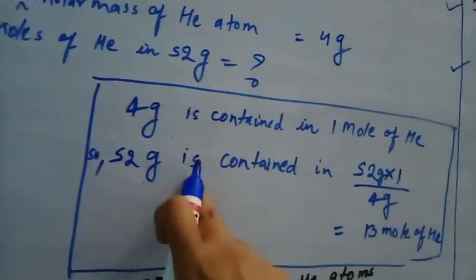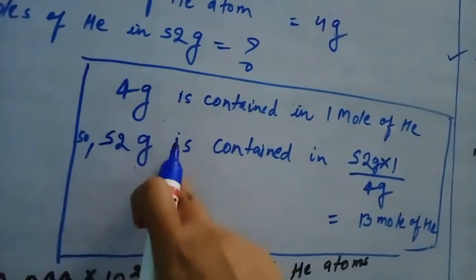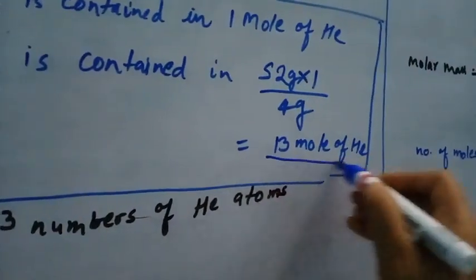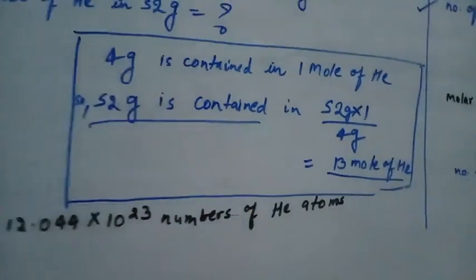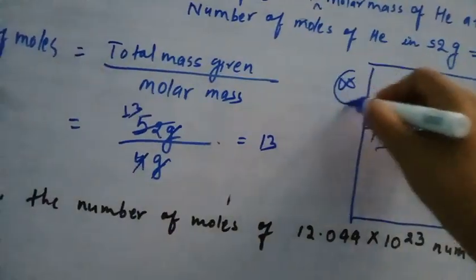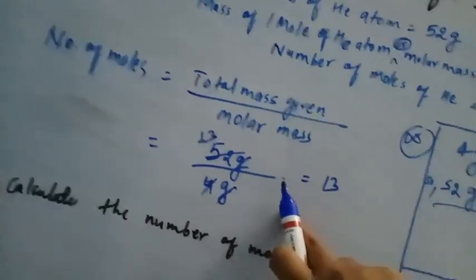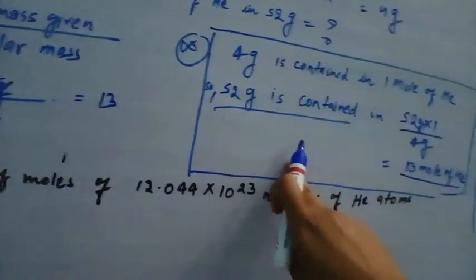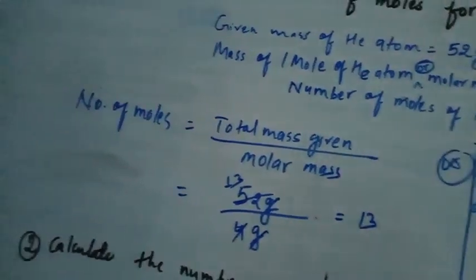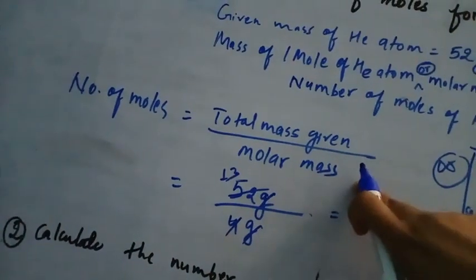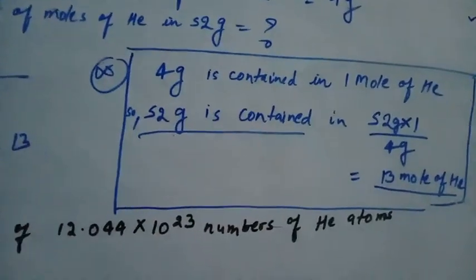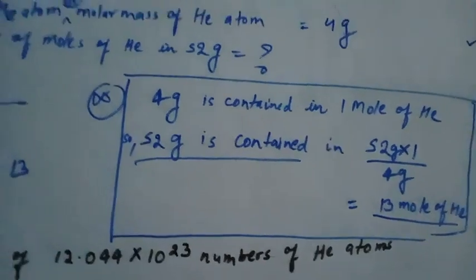So 52 grams of helium is contained in 13 moles of helium. So by two methods, you can use this method or you can just use this method. If you forget the formula, you can just use this method to solve the question.